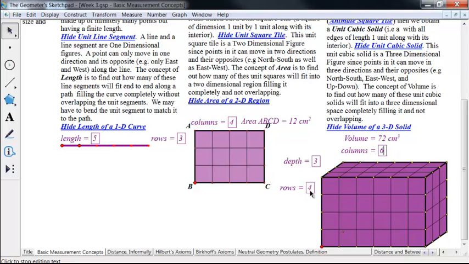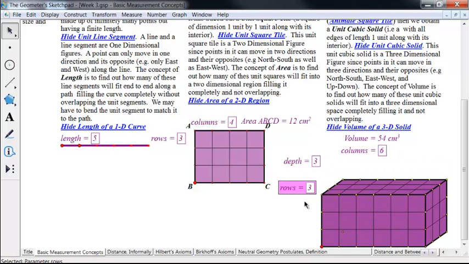Yeah, 4, that's right. The height is 4. Okay, so this is working. So let's say we make the height 3, for example. So there we go. Looking at the front face, that's rows of 3, and columns, right now I have 6, I can make it 5, whatever. Let's make it 5.